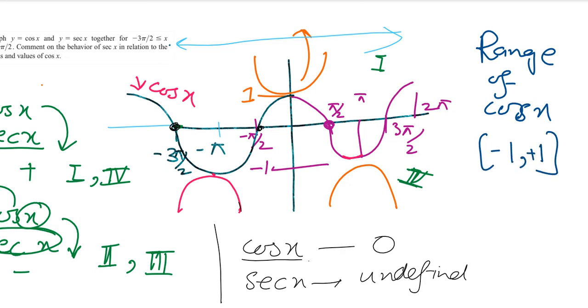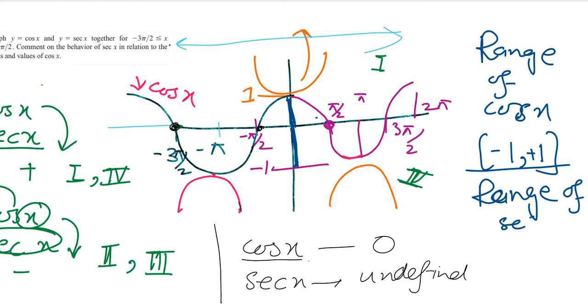You can see that it only goes to the positive signs from here and the negative signs from this. So the whole range of this is from -1 to +1. And if we want to see the range of secant x, that starts from +1 but ends up at infinity from both sides.